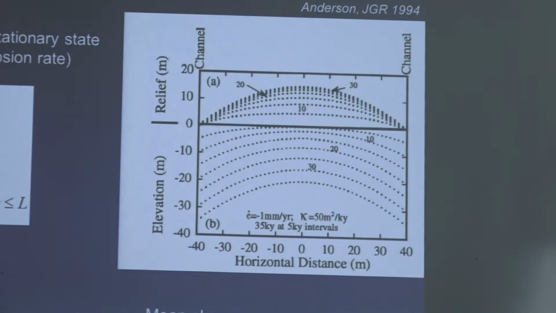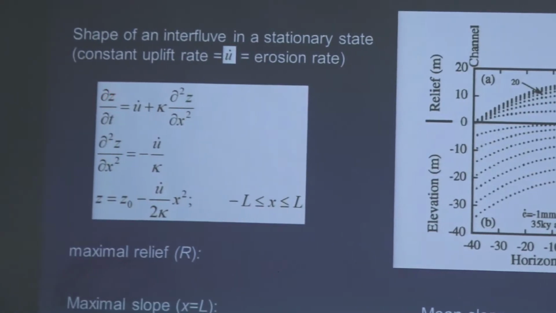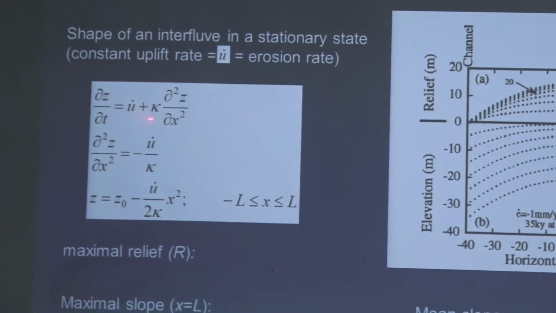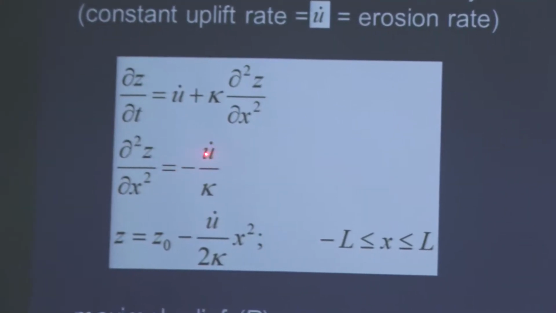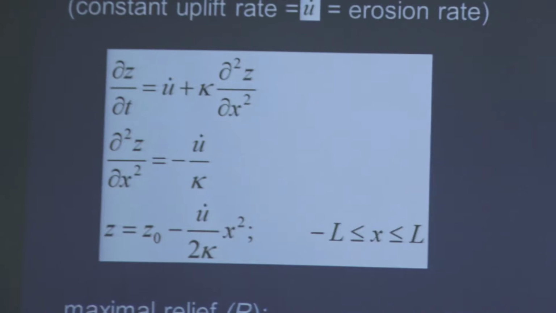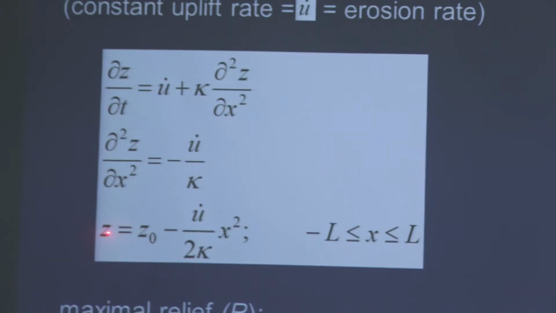So if you have steady state, this term is equal to 0. So we end up with the second derivative of Z equal to the uplift rate divided by the diffusional coefficient, and integrating it, we end up with a relationship where Z is a function of the horizontal distance squared.